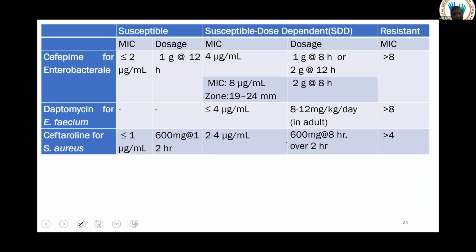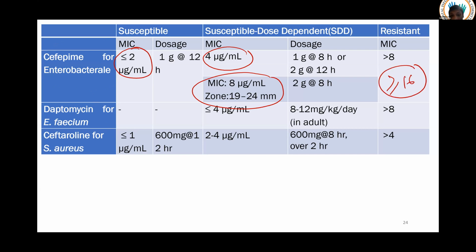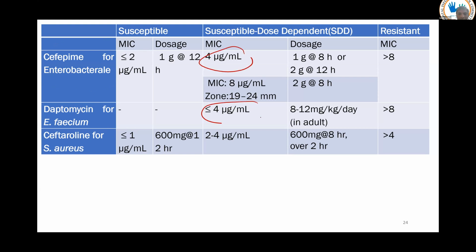The classical, I repeat, the most widely used SDD breakpoint at present in clinical practice is cefepime for Enterobacterales. Here, an MIC of less than or equal to 2 is susceptible, 4 and 8 MICs are considered as SDD breakpoint, whereas more than 8, that is greater than or equal to 16 MIC, is considered as resistant breakpoint.